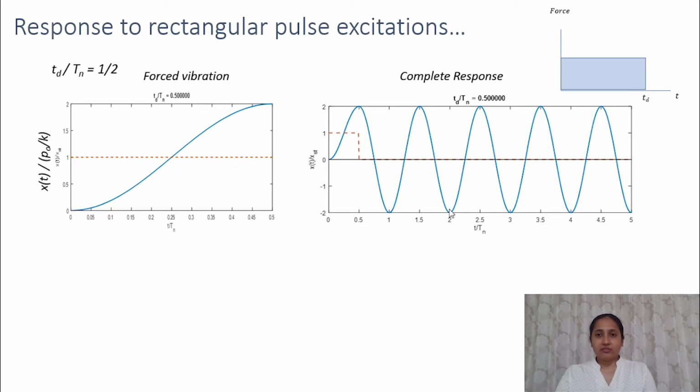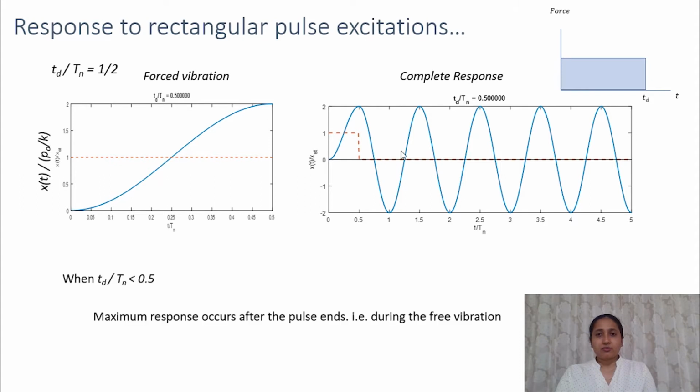The amplitude of this free vibration response is also equal to 2. That means even during the free vibration, the maximum displacement will be twice that of the static displacement, that is P naught by K.